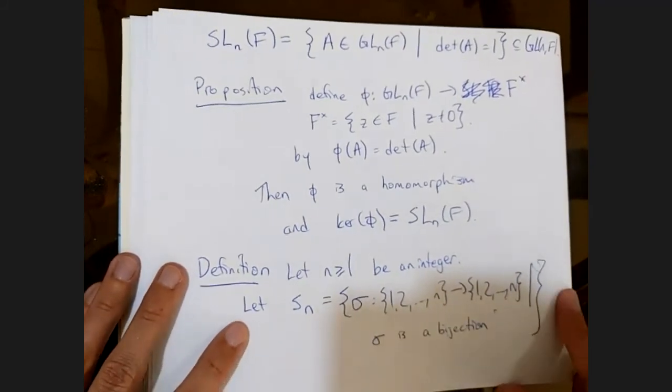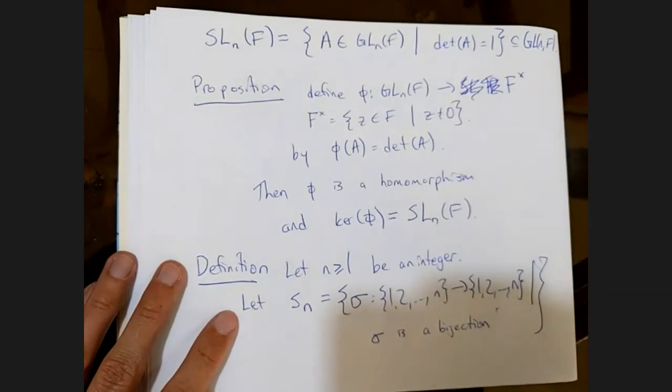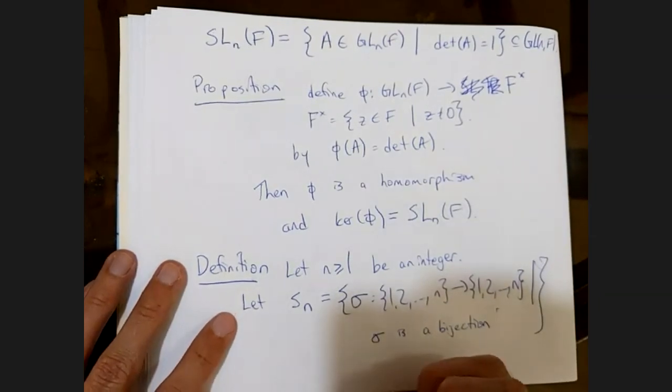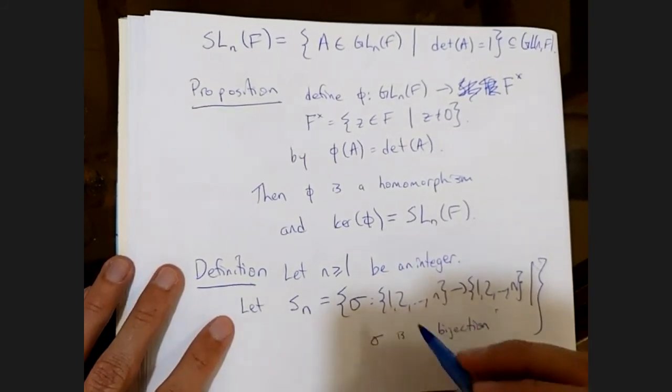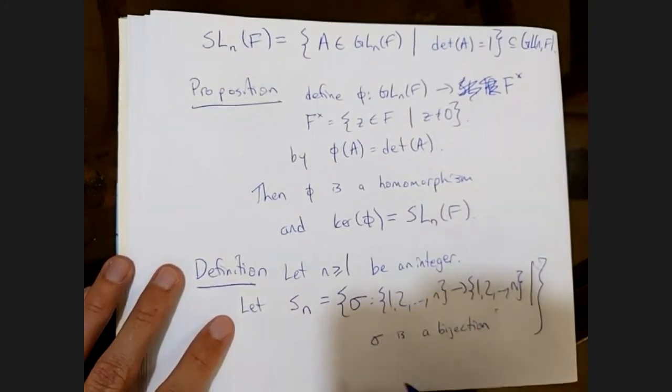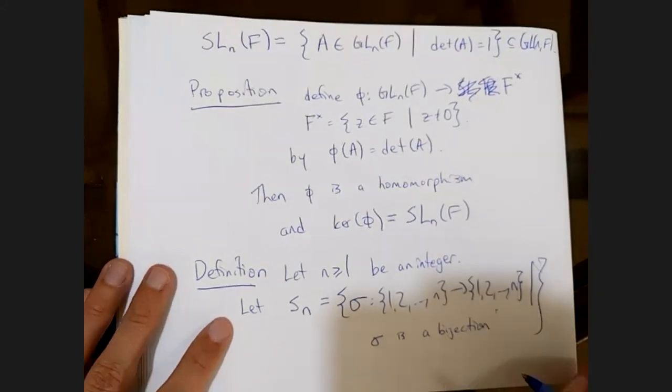I think we already did a few examples of this, but I'm officially introducing this as one of the things we're studying. The group law is by composition of functions. The identity of this group is just the identity function. And then we need a little bit more time to talk about some of the special properties of S n.